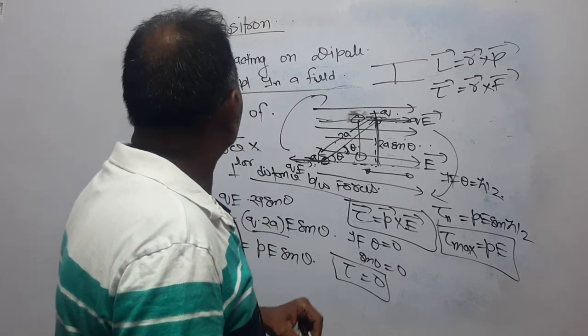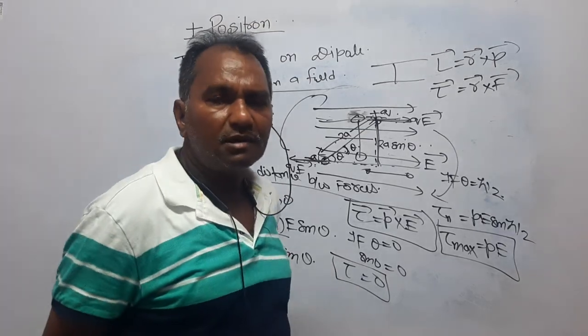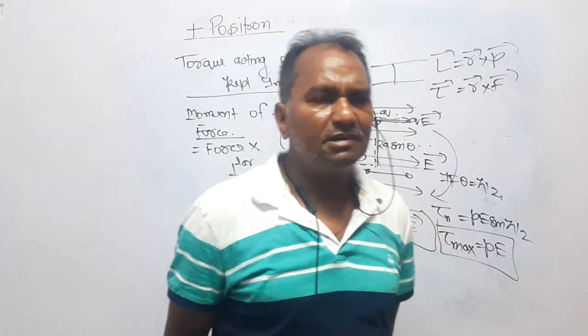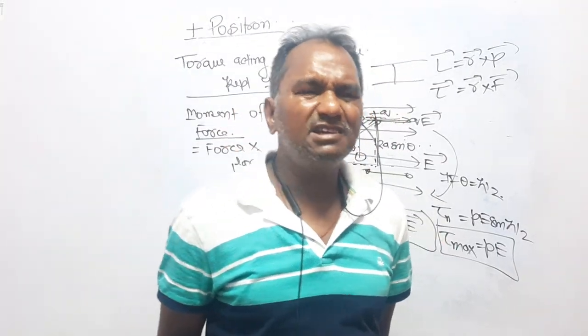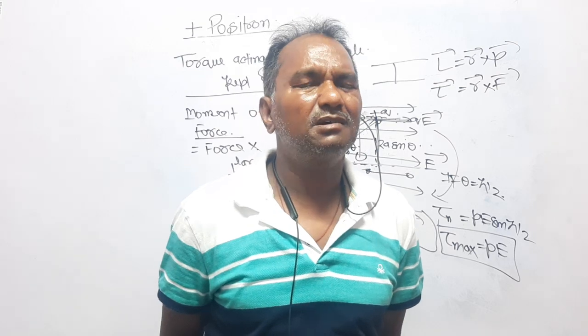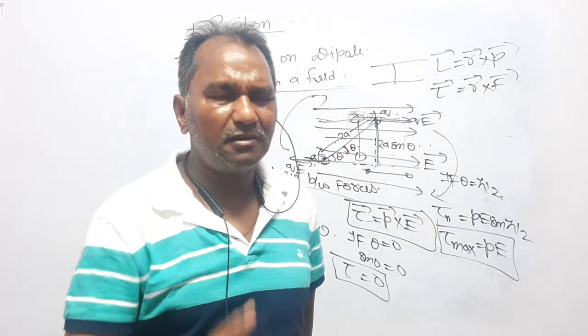This was the case. Dear students, we discussed the torque acting on the dipole when it is kept in an external field. I have told you the basic concept of torque.